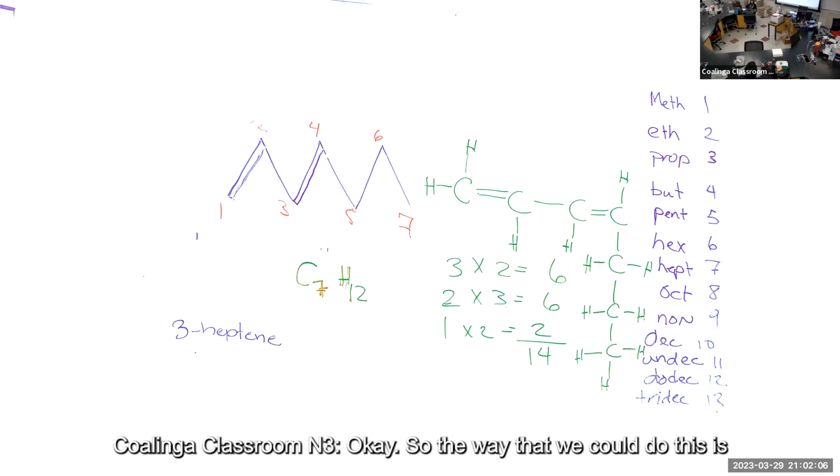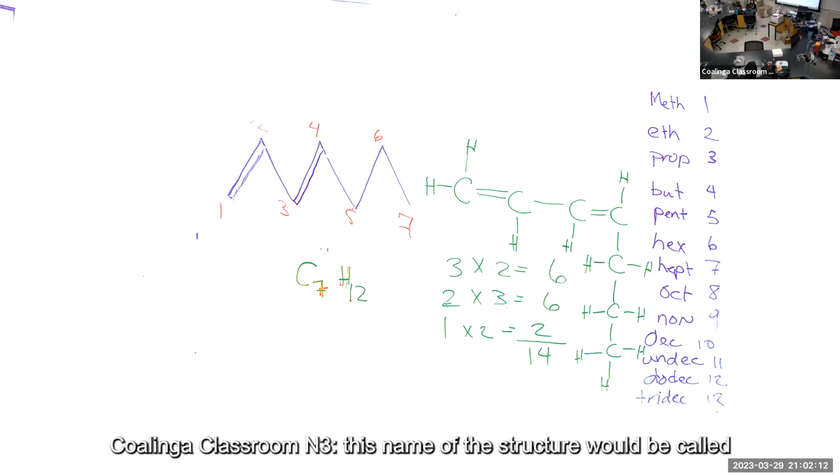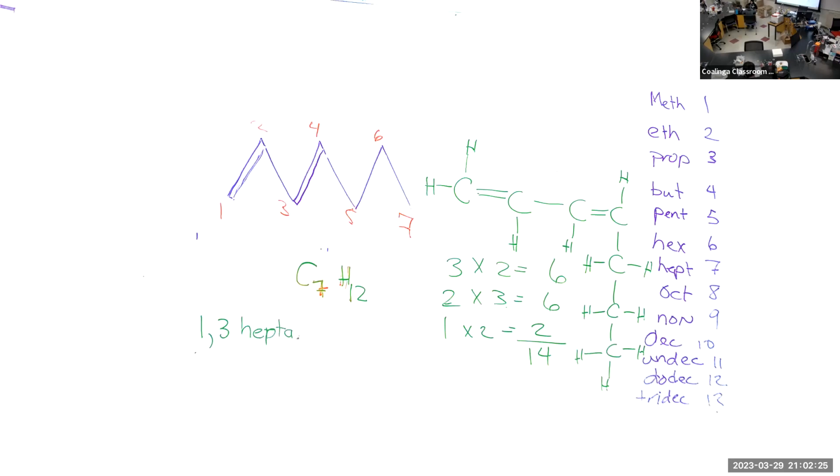Okay, so the way that we would do this is, the name of the structure would be called 1, 3, hepta, diene.